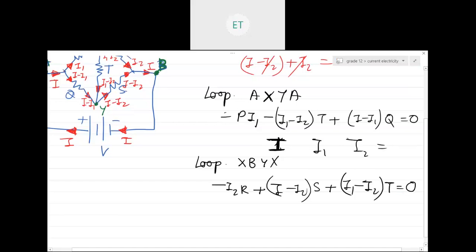So Q is into I, right? Yes, sir. So plus Q into I. After that, can you see I1, it is minus P, minus T and minus Q. Yes or no? Yes, sir.